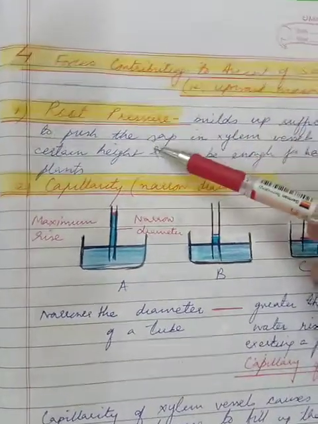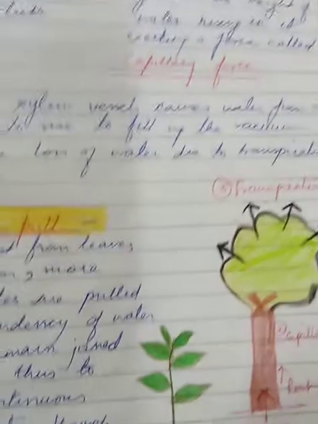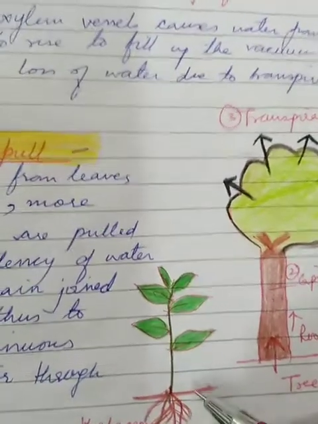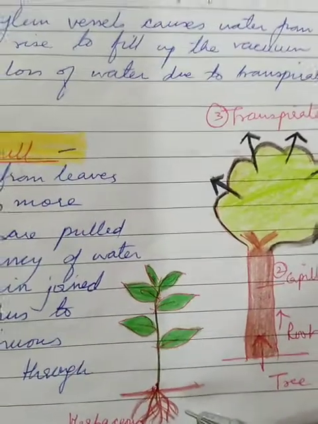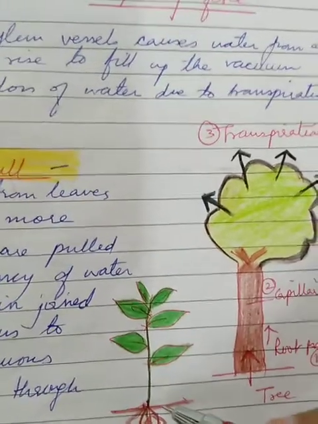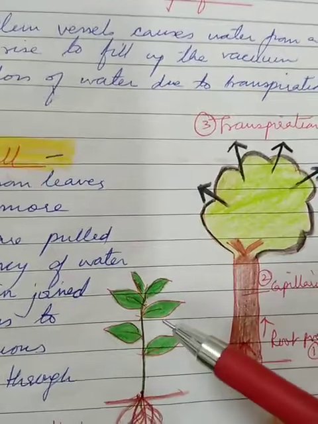The first is root pressure. Root pressure is built up in the roots. See, we know that the roots are continuously absorbing water from the soil. So this absorption continuously builds up a sufficient force which is enough to push the sap in the xylem vessels up to a certain height.